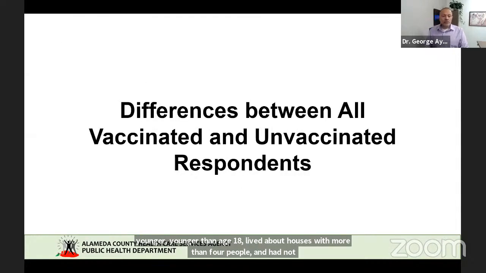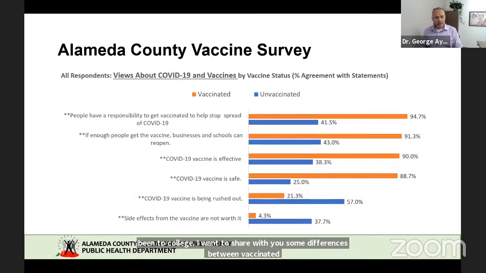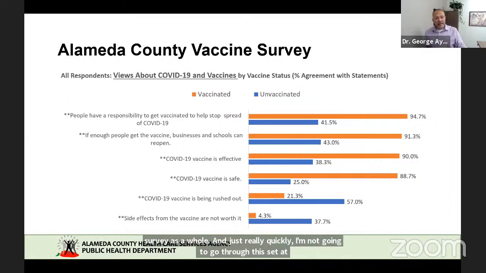I want to share with you some differences between vaccinated and unvaccinated respondents, starting with the entire survey as a whole. Just really quickly, I'm not going to go through this at length because I went through the views about COVID-19 vaccines and the items that we asked everybody.